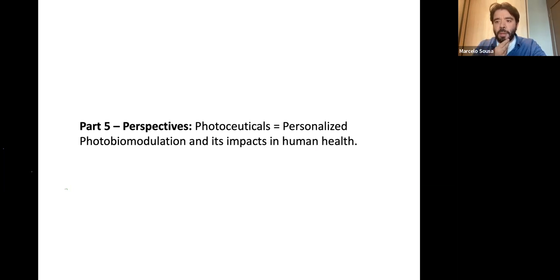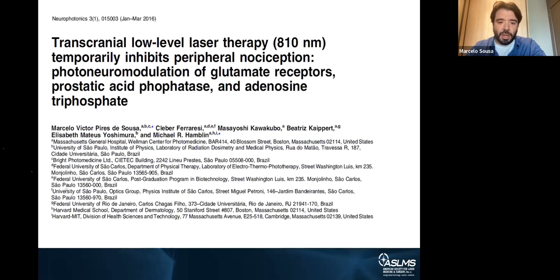So it would be somehow the use of photons as drugs, pharmaceuticals, are used today, hence the name photoceuticals. I started to study that during my time at Harvard Medical School, in 2013, and we made the preclinical studies connecting that absorption of light with the modulation of very specific substances.